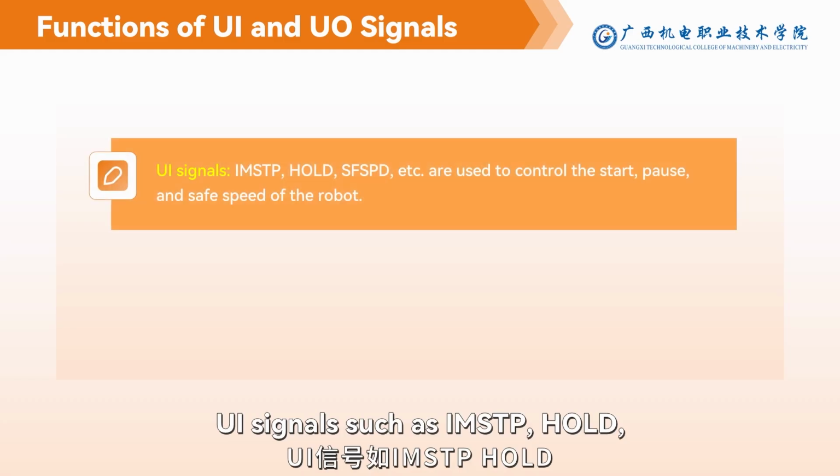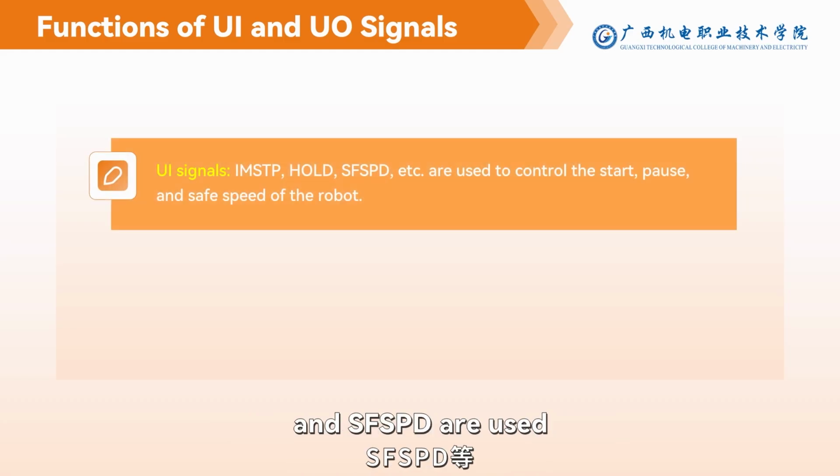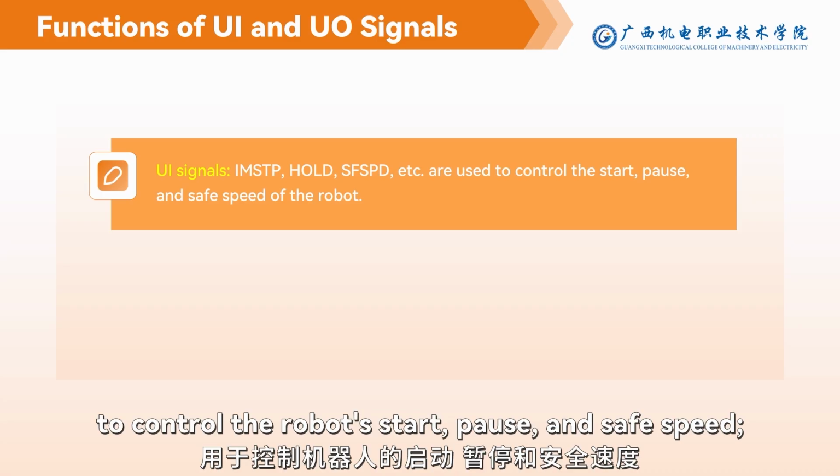UI signals such as MSTP, HOLD, and SFSPD are used to control the robot's start, pause, and shift speed.